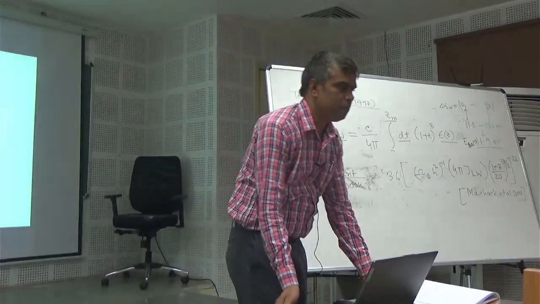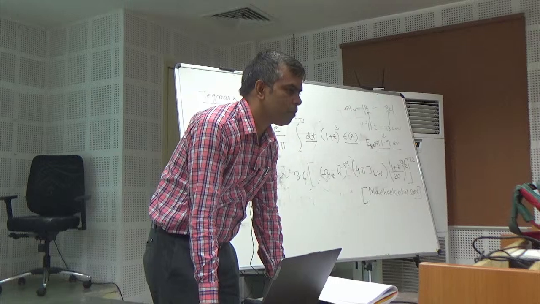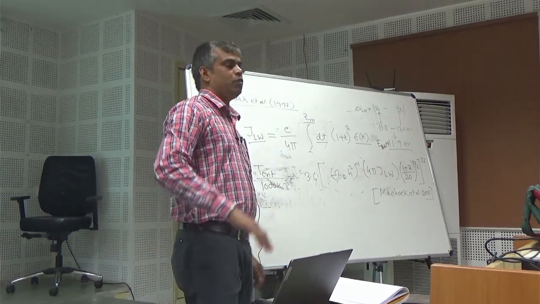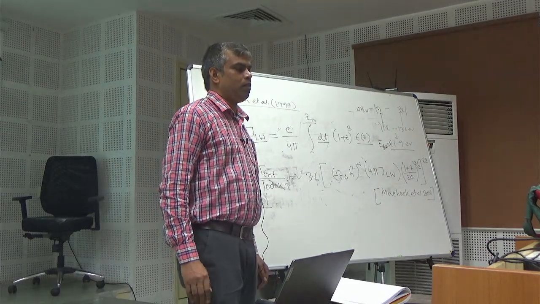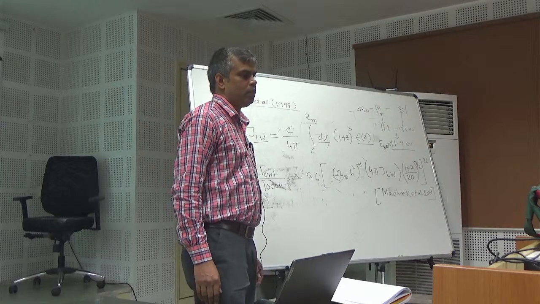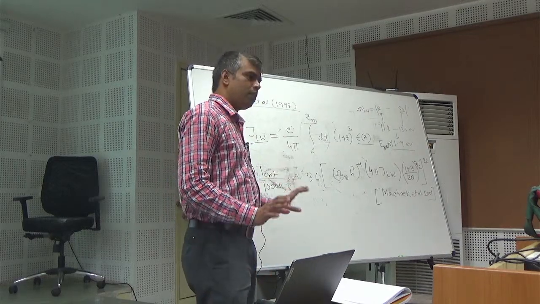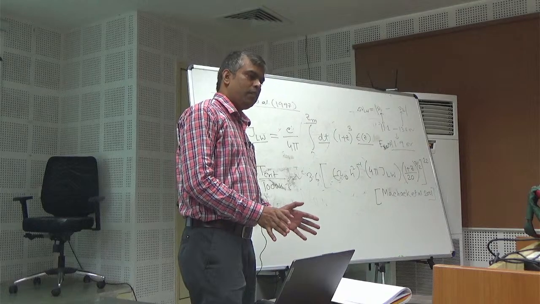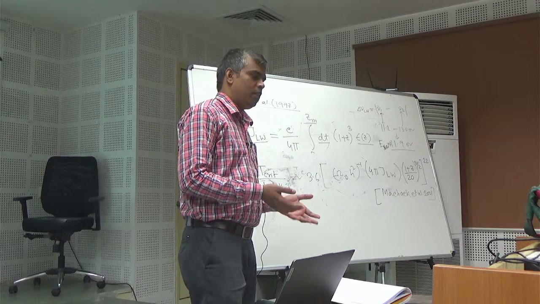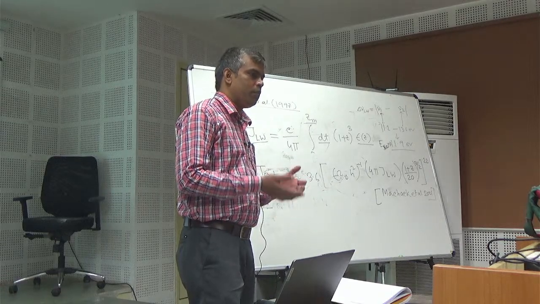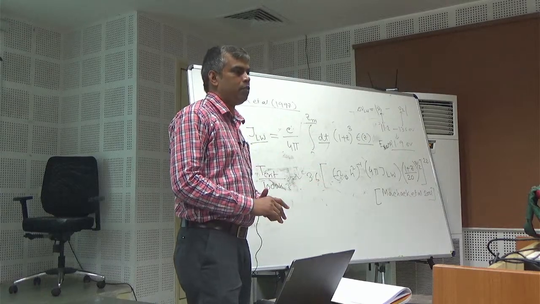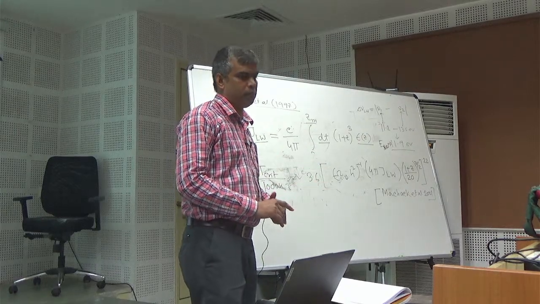So the temperature is a threshold below which there is no star formation. If it is less, then your dark matter mass is also less, then you have less molecular hydrogen, and they will not be able to pull in enough baryons to start star formation.